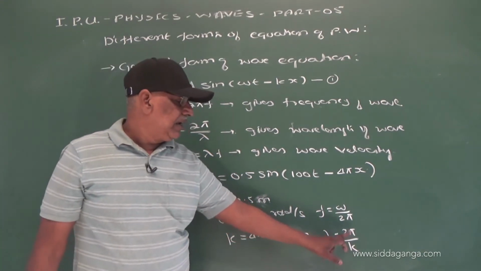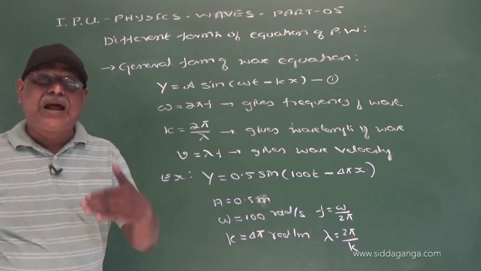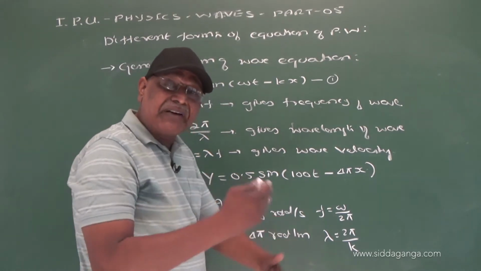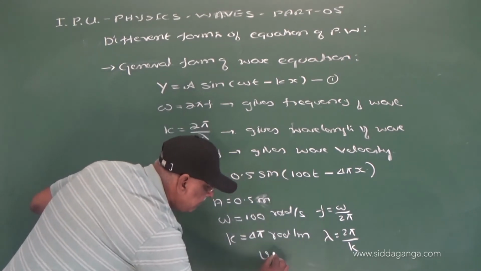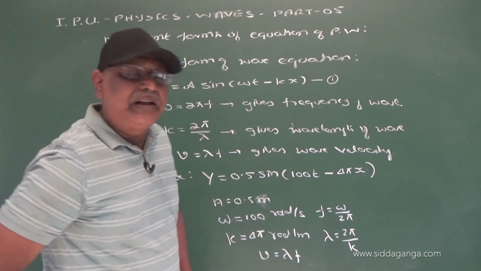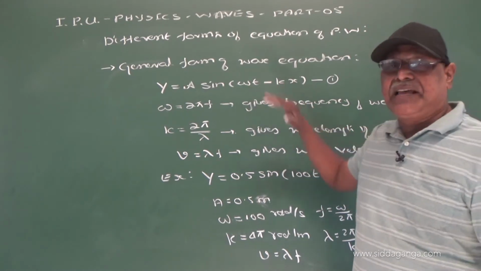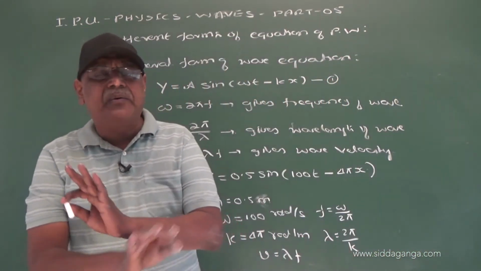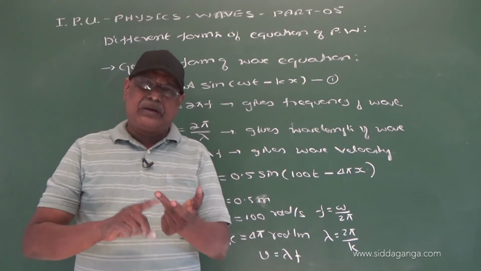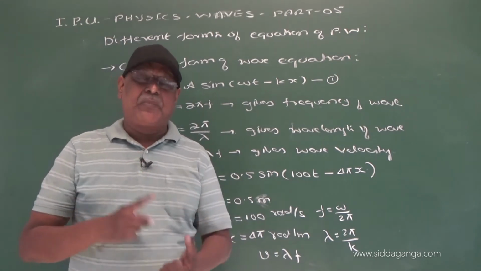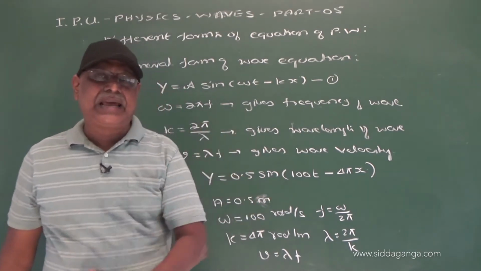Substituting 4 pi here, 2 pi by 4 pi, 2 by 4, 1 by 2, that is lambda is equal to 0.5 meter. Then once we find frequency and wavelength, we have v is equal to lambda into f. So by comparing the given equation of a wave with the standard equation, we can get all the wave parameters, starting from amplitude, angular velocity, frequency, propagation constant, wavelength, wave velocity, and even we can calculate the time period.